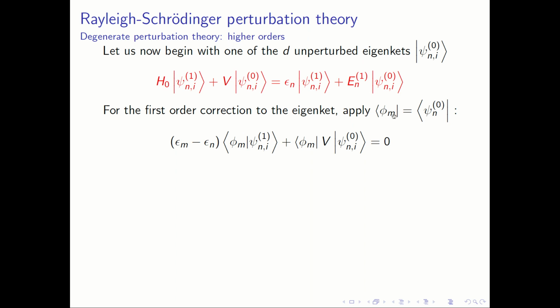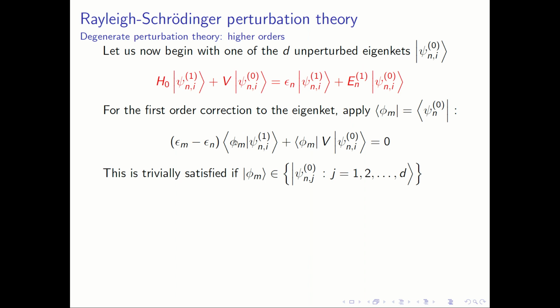I actually wrote down what we are assuming here, but I made a mistake by writing it down. I meant apply bra phi m which is not equal to the bra psi n0, any other bra, which means this is going to vanish. So this is the equation that we get. So please realize that there is a typo here, this should be not equal to.